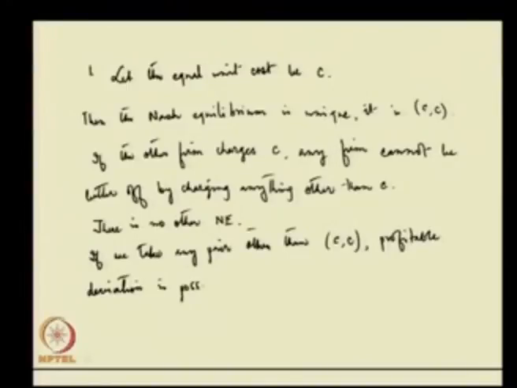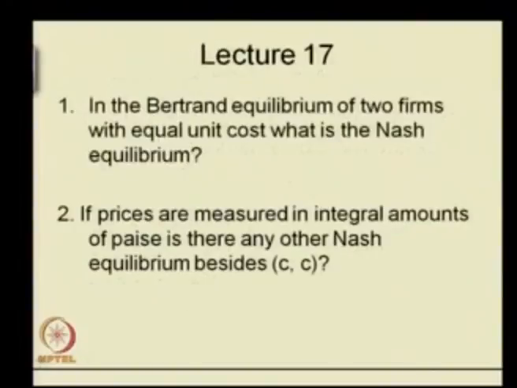This is because if the prices are different and both the prices are more than C, then the firm which is charging the higher price will undercut the other firm. So, there is a profitable deviation. If the prices are same, then each firm will undercut the other firm. If the prices are less than C, then either one or both of them are earning negative profits. So, they will deviate and charge at least C, which will give them 0 profit. So, this is the demonstration that CC is the only equilibrium.